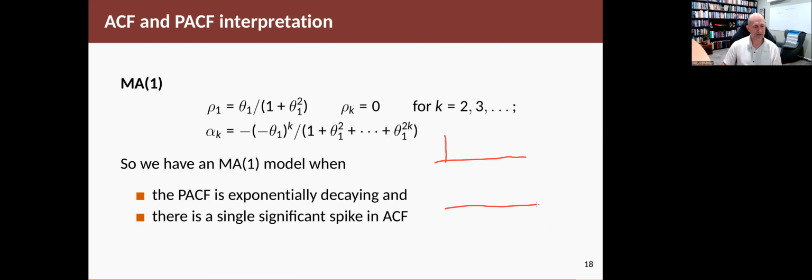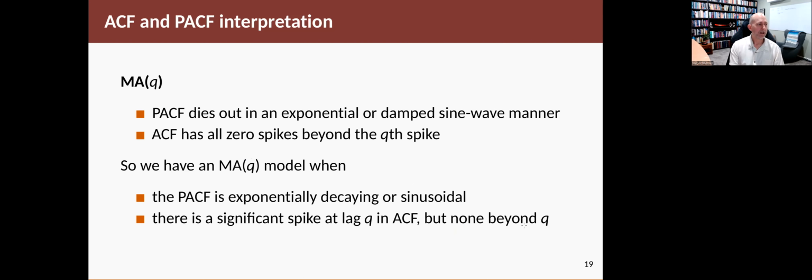The ACF, I'm going to do it on the negative side because that's much more common, looks like that, and the PACF looks like this, where it's decaying like so. That's typical MA1 behavior.